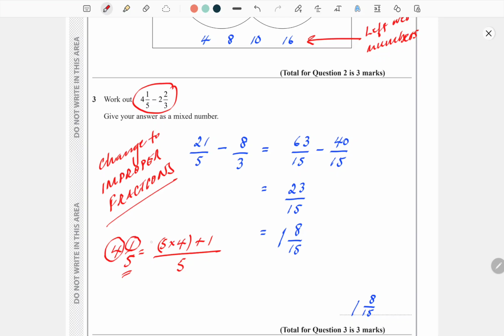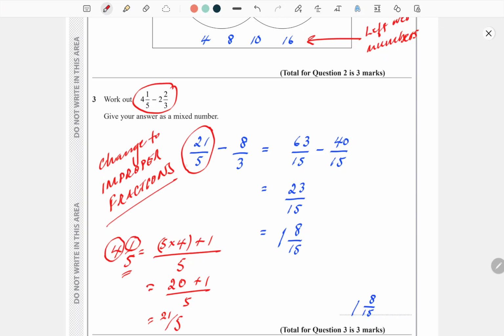So that's how you convert a mixed number to an improper, and that is 20 plus 1 over 5 equals 21 over 5, all right? You know what? Just before I confuse anybody, I'm going to get rid of that. Let me do that again. There we go. That's where the 21 over 5 came from.